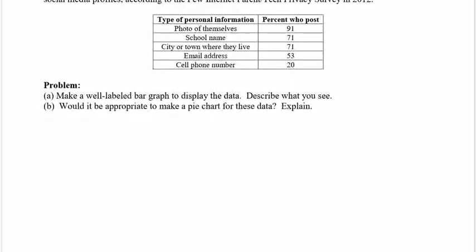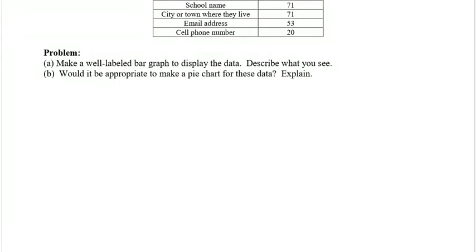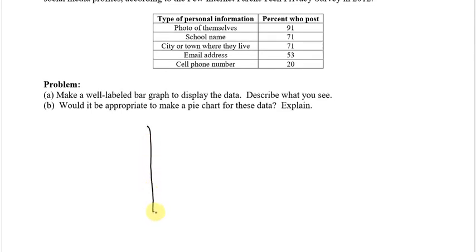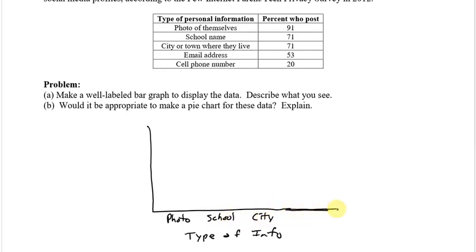I'd like to make a well-labeled bar graph to display the data. Describe what you see. Okay, so let's make a bar graph for this information. First of all, we have to label it. We want to put down here type of info. And we have 5 types. We have a photo. We have the school. We have the city. We have the email.